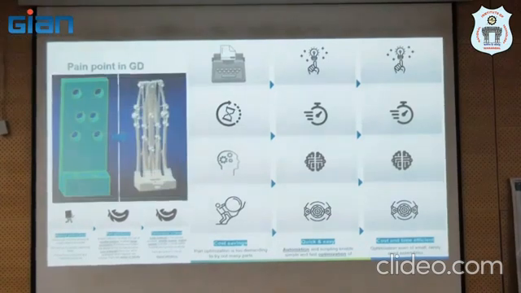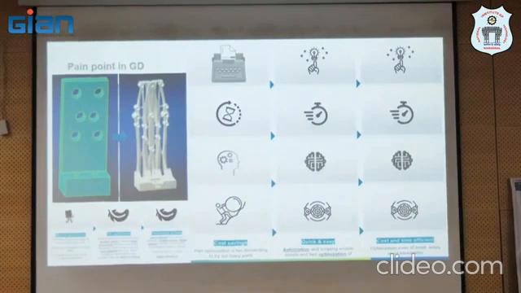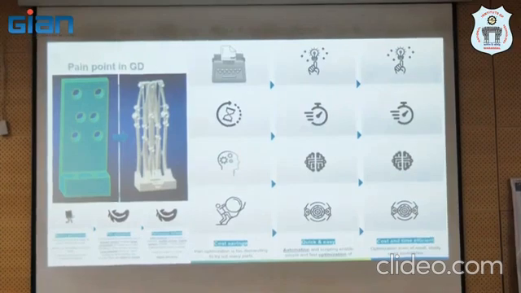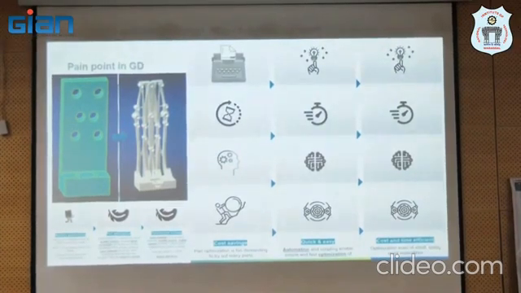This is one example which we recently did for one customer. Maybe I'll ask you: how many of you think that this is a good optimized design? Don't raise your hand, that's also fine.